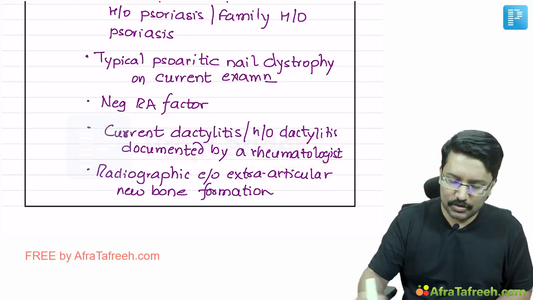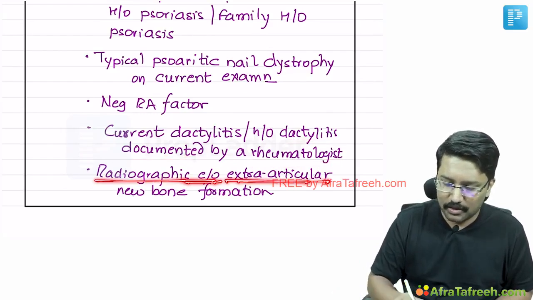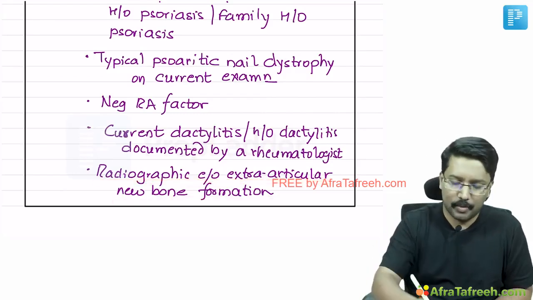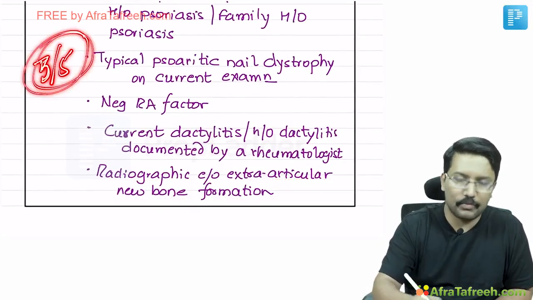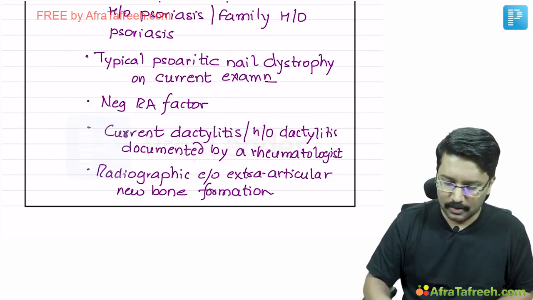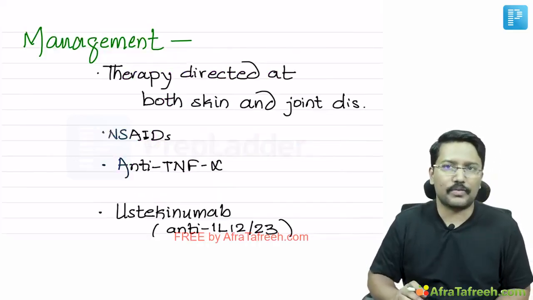And the last one is radiological evidence of juxta-articular new bone formation. So from these 5, if the patient scores 3 out of the 5 points, then we would classify the condition as psoriatic arthritis. Okay, that's about the diagnosis.